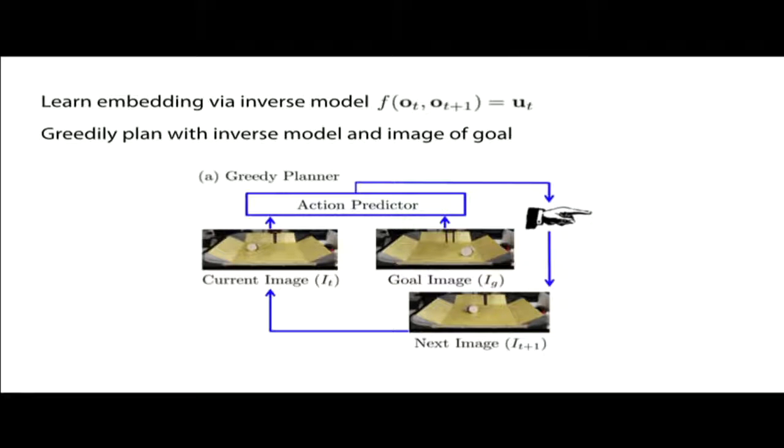Once they had the predicted action, they executed it on the robot to get the next image. Then they fed that image in again to predict the next action to take to get from the next observed image to the goal image.